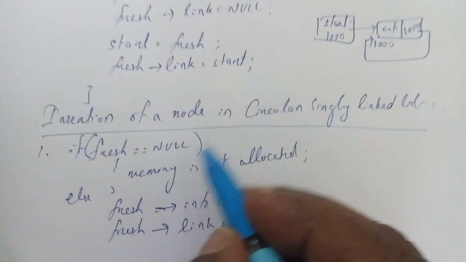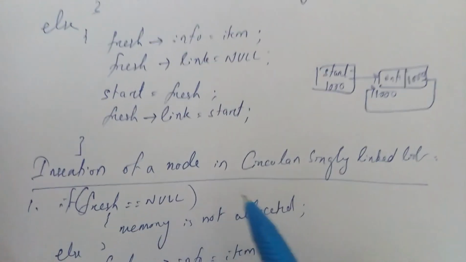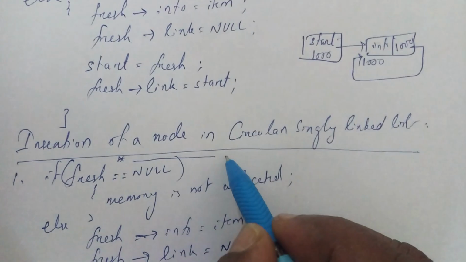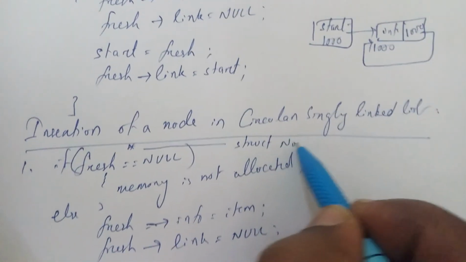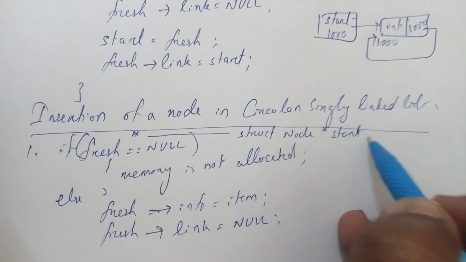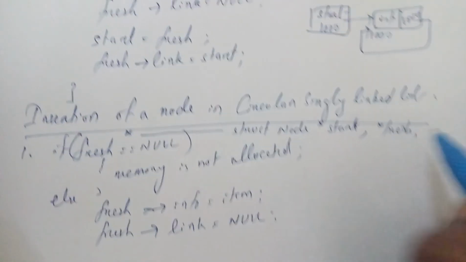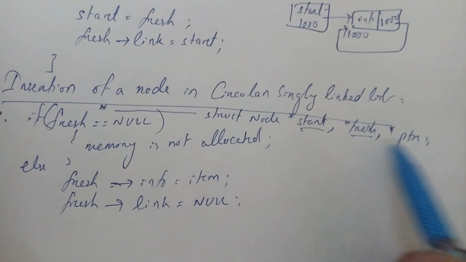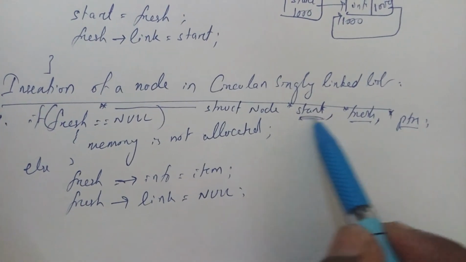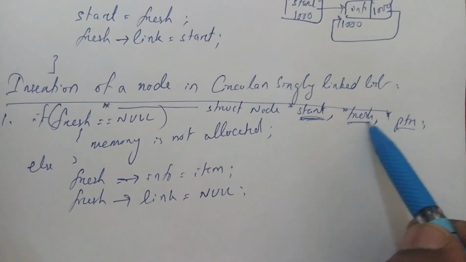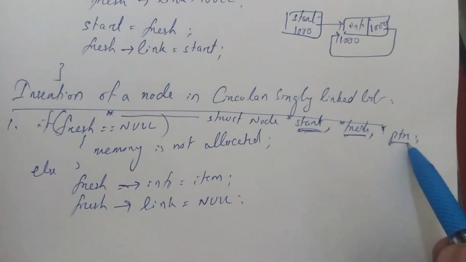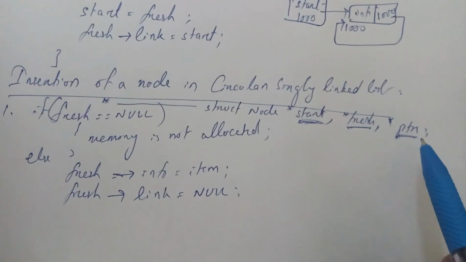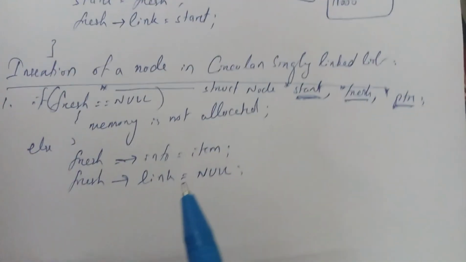Before that you have to declare the pointers. You have the start pointer, the fresh pointer, and also one PTR. All three are struct node type pointers. Start will hold the address of the starting node, fresh will hold the address of the freshly created node, and PTR is required to traverse through the linked list.